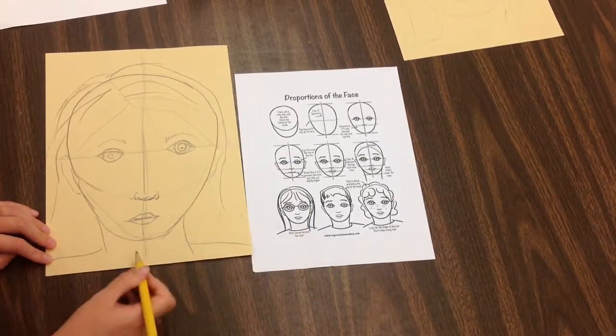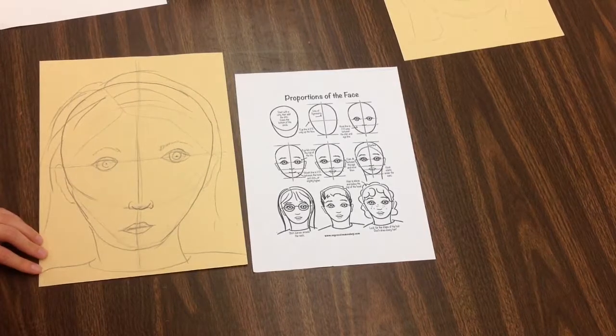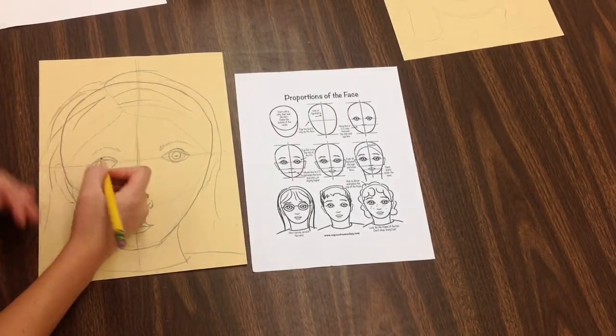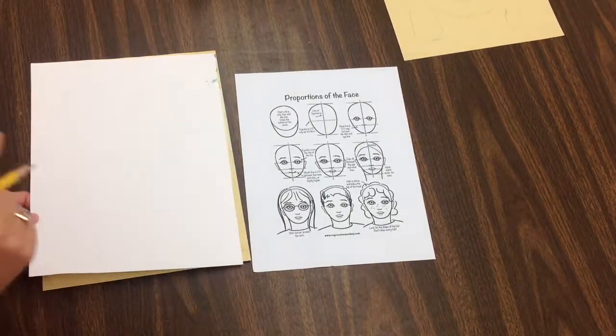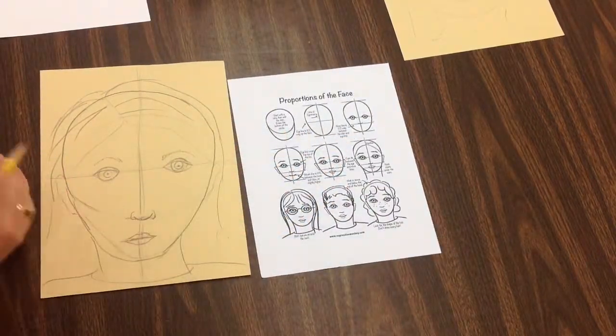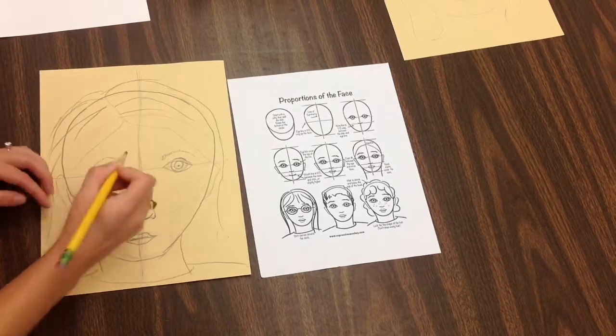I'm going to add the neck of my shirt going around my neck here, and my self-portrait is done. When I feel good about this self-portrait, I'm going to translate this image onto here. I'm going to draw it one more time. You're going to try to draw it one more time using the proportions of the face. I can't wait to see how these self-portraits turn out. Third grade.